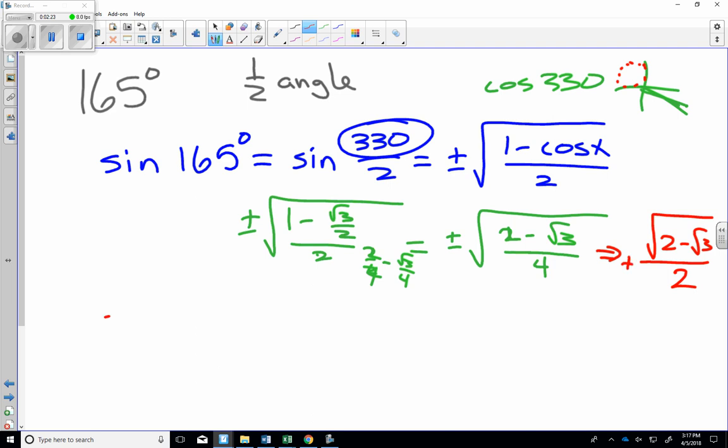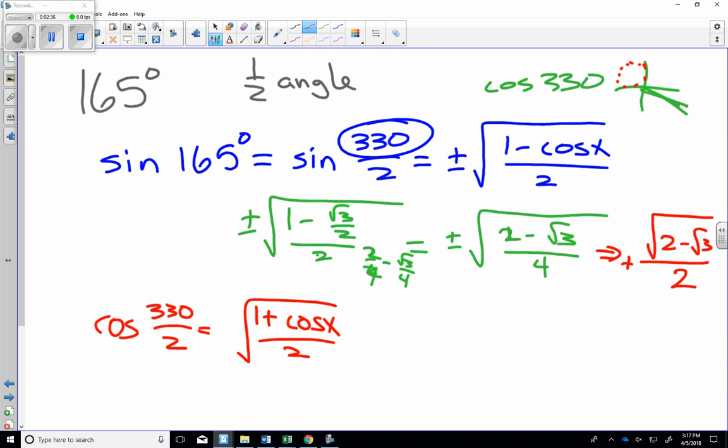Now if we're going to do cosine, that would be the cosine of 330 divided by 2, and the cosine rule is plus and minus the square root of 1 plus cosine of x over 2. And the cosine of 330 is square root of 3 over 2 again. So we have plus or minus the square root of 1 plus the square root of 3 over 2.